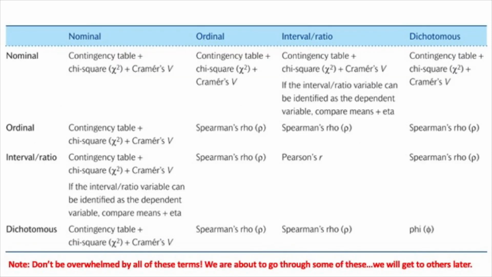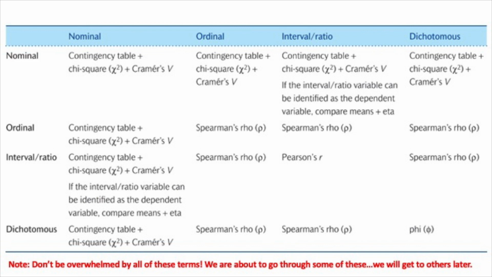Okay, so here's the table that's in the book that breaks down which types of bivariate tests you would use given the dependent and independent variables that you have. So you see across the top, there's nominal, ordinal, interval ratio, and dichotomous, and then that first column, also nominal, ordinal, interval ratio, dichotomous.